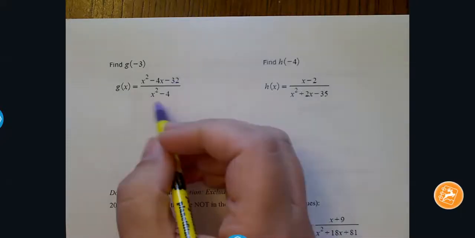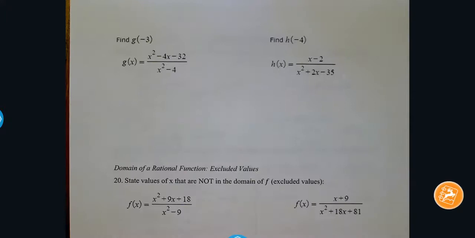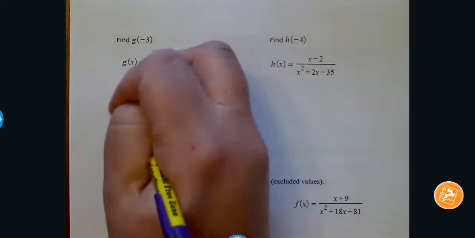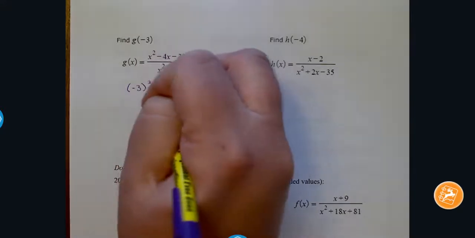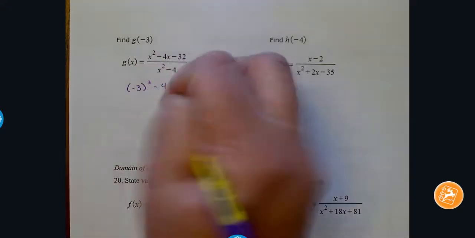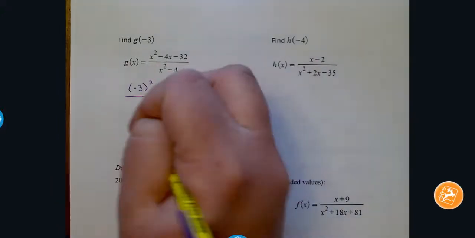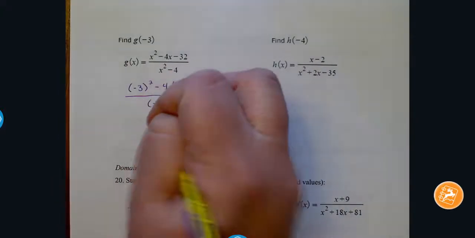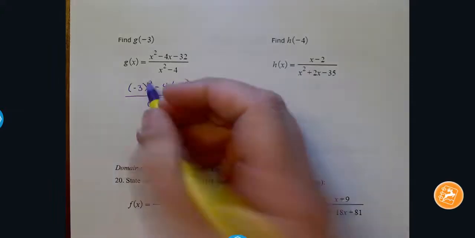We have a little more complicated rational equation here. So we're going to enter in -3 to that. So we have -3 squared minus 4 times -3 minus 32 all over -3 squared minus 4. Now it's very important that you follow your order of operations here, and we have to do our exponents first.